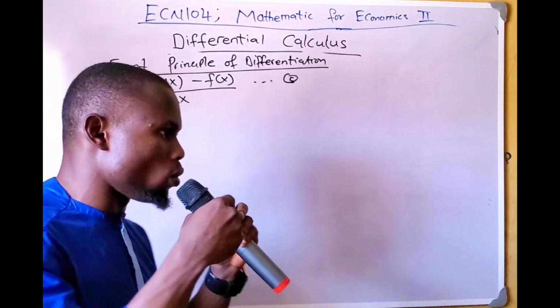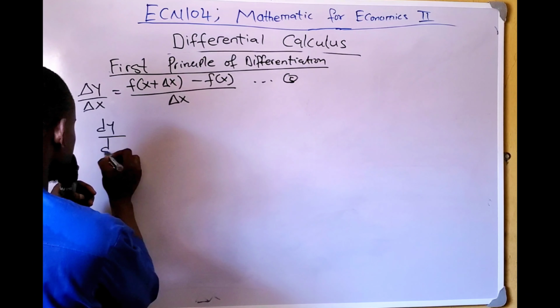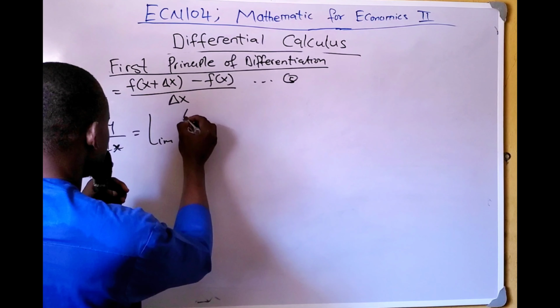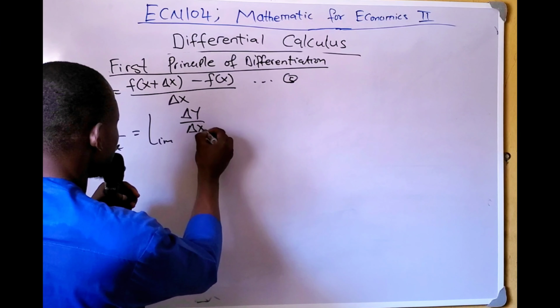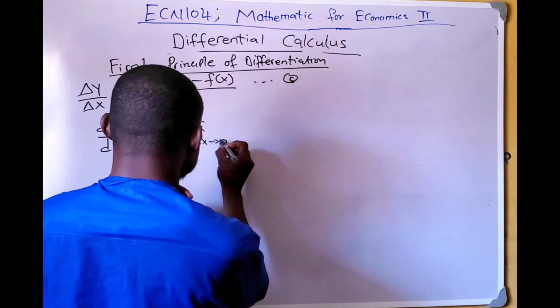Now, from the derivation of calculus, dy/ds is equal to the limit of what? Change in y over change in s as change in s tends to 0.